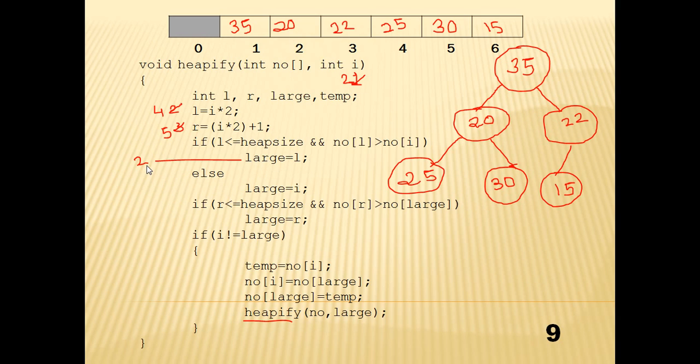So large will be L, large will be 4. R less than or equal to heap size, R is 5, 5 less than or equal to 6, the condition is true.